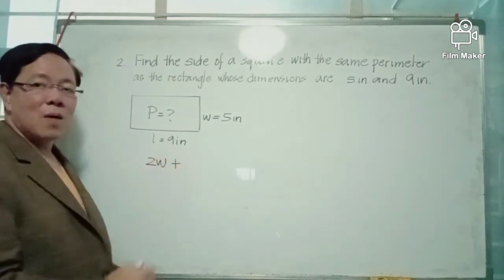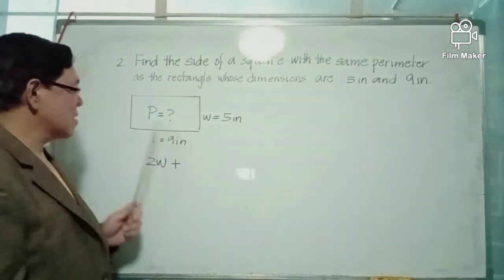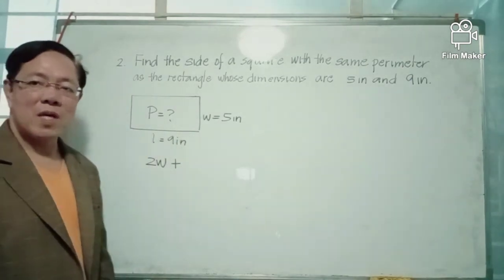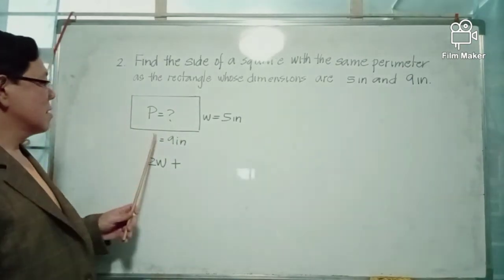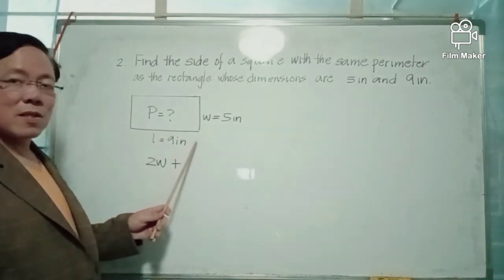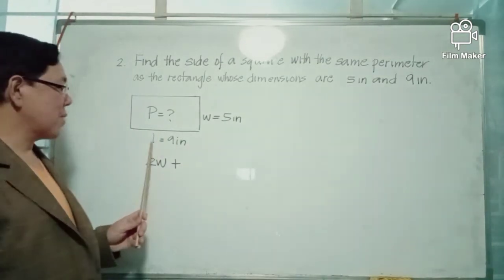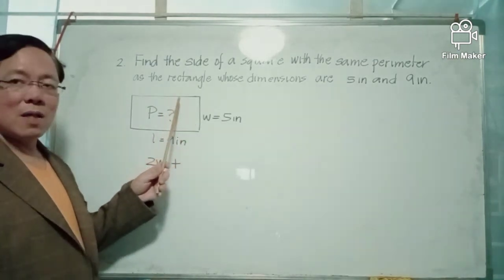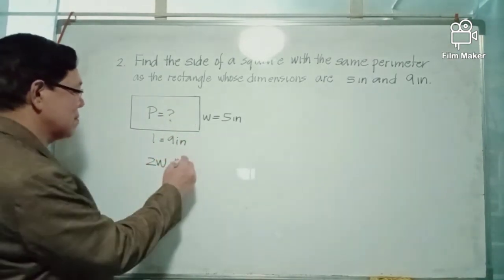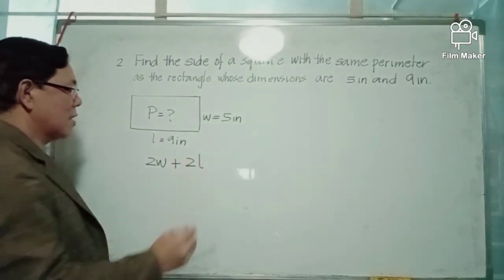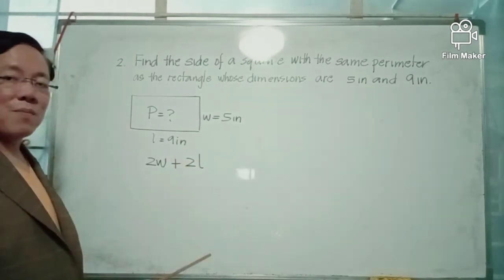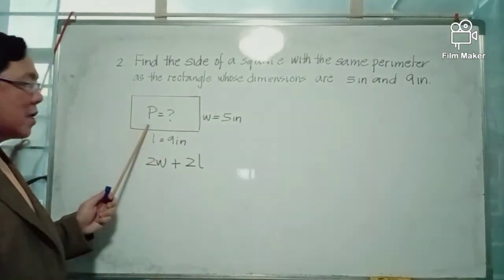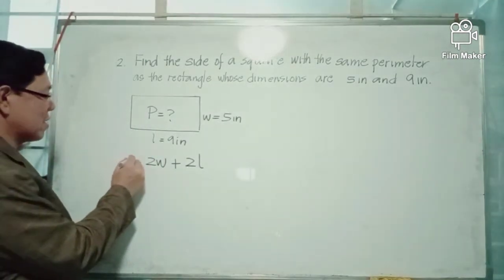And to this sum, we add the lengths of the second pair of equal sides. This longer side has dimension of L plus the dimension of this longer side, also L. We get 2L. And this is the sum of the dimensions of the rectangle, denoted by P for perimeter.